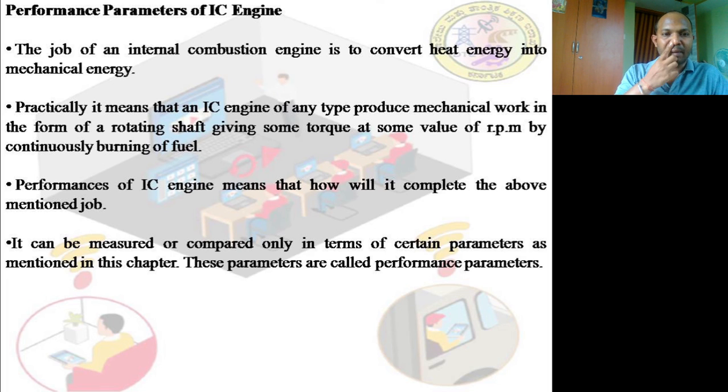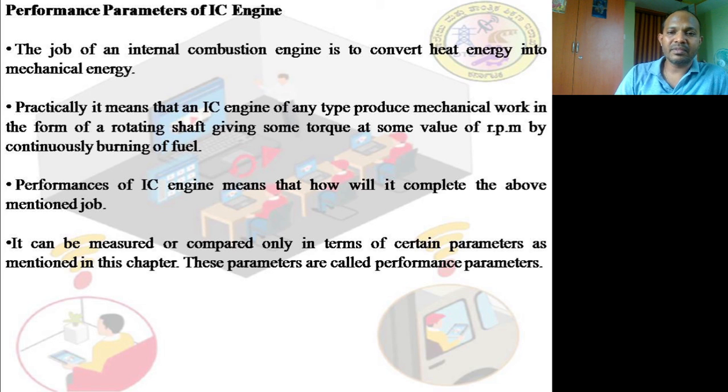Okay. Now it can be measured or compared only in terms of certain parameters as mentioned in this chapter. Actually, these parameters are called performance parameters. Based on a few parameters, we will decide the power producing or load carrying capacity of any engine. There are n number of vehicles, and different vehicles use engines.